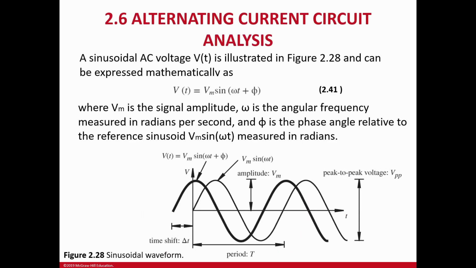Okay, so let's move on to alternating current. It's called AC, right? You all know that the AC signal is not a steady state signal. It's an alternating signal, and we show this in sinusoidal form. The thin line is the reference, and the amplitude of the voltage is from the neutral line to the maximum.